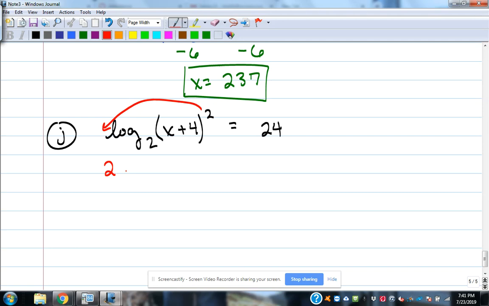So it's 2 times the log base 2 of x plus 4. It's much easier to get rid of this 2 when it's multiplied than when it's squaring, right? Because to get rid of that 2, we're going to divide by it. Dividing by 2 is much easier than taking the square root of something, in most cases. So that's why I did that.